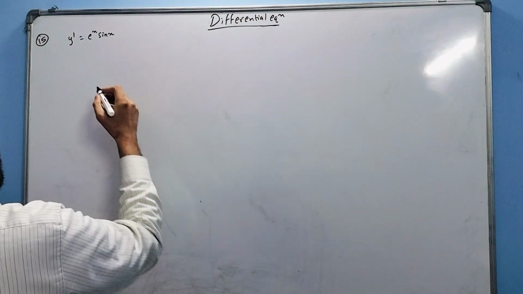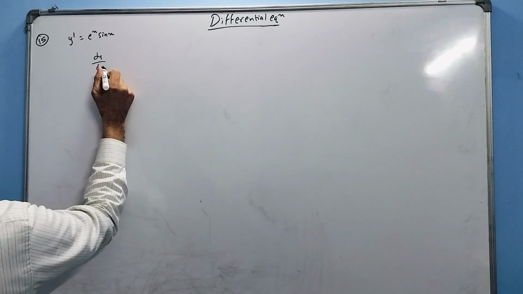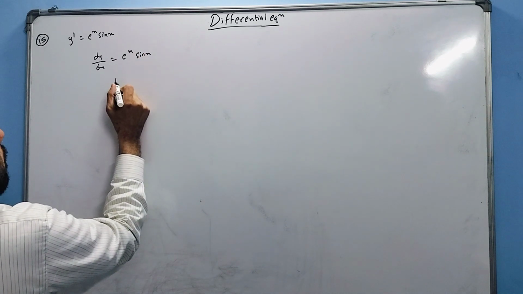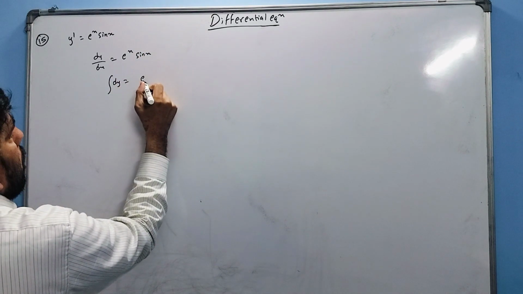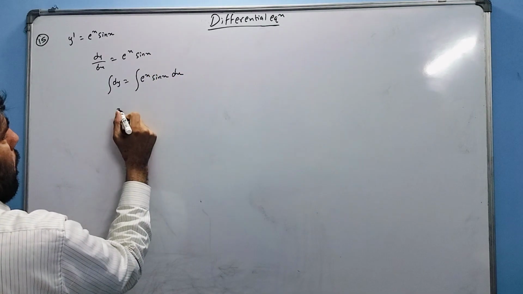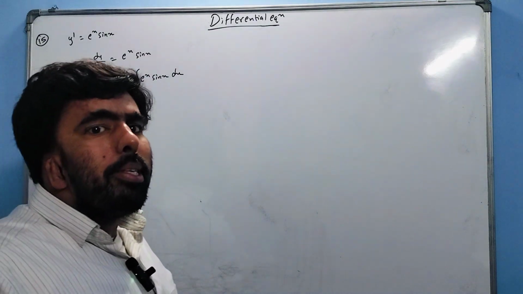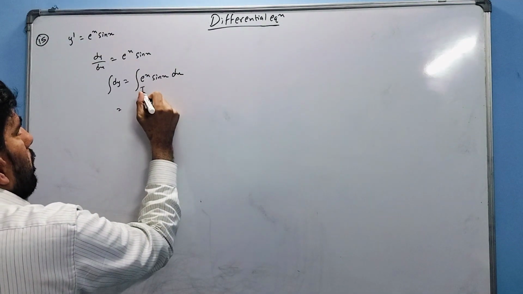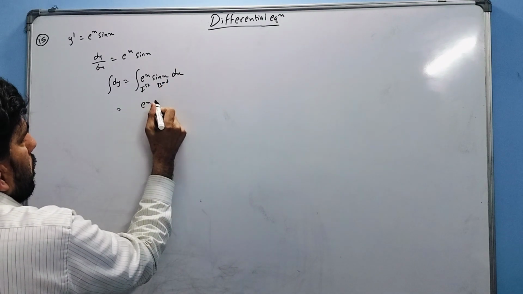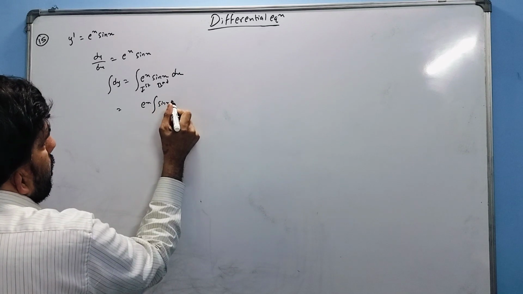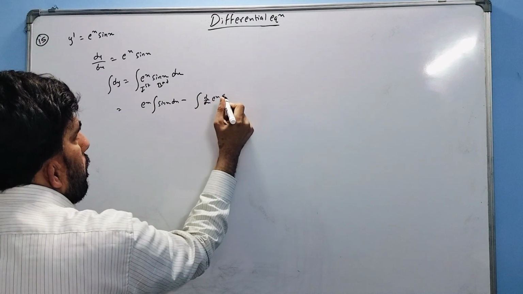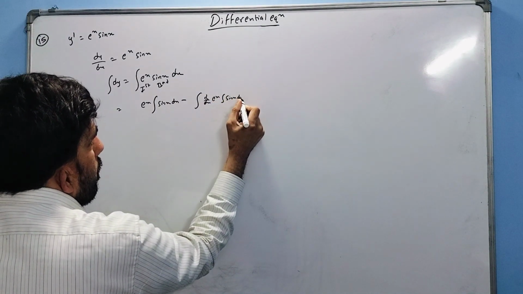So what we can do here, we can write this equation like this. After writing this, dy is equal to e raised to the power x sin x dx. Now we'll apply integration by parts. We have this first function and here we have the second function. So e^x times the integration of sin x dx, minus the integral of the derivative of e^x times the integration of sin x dx.